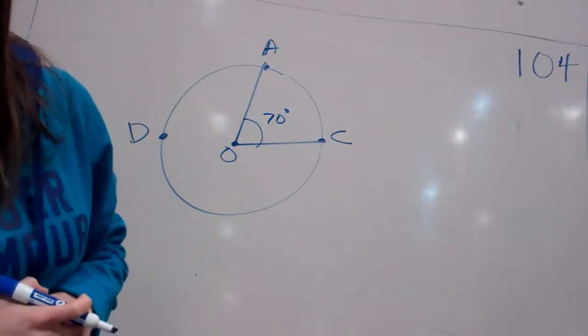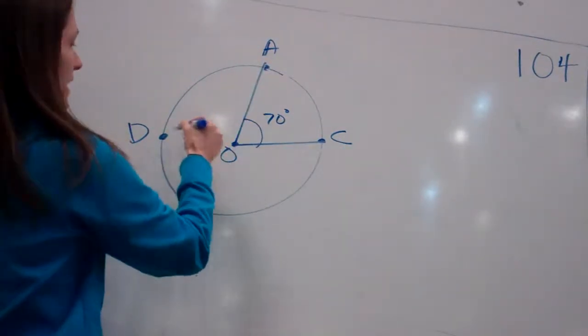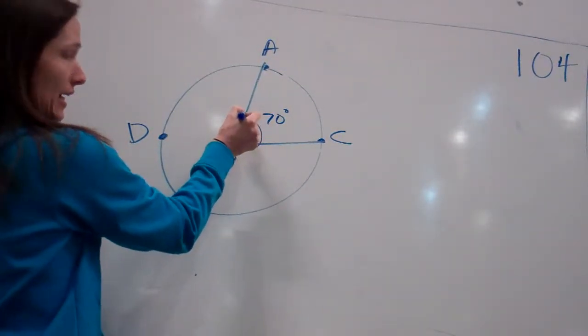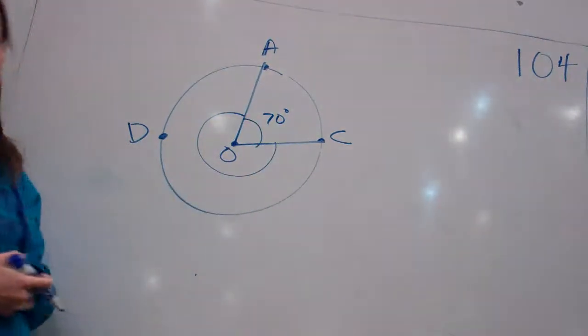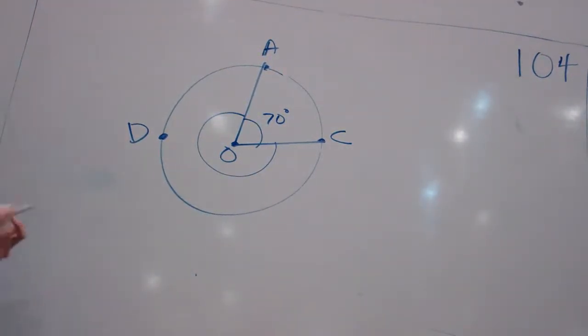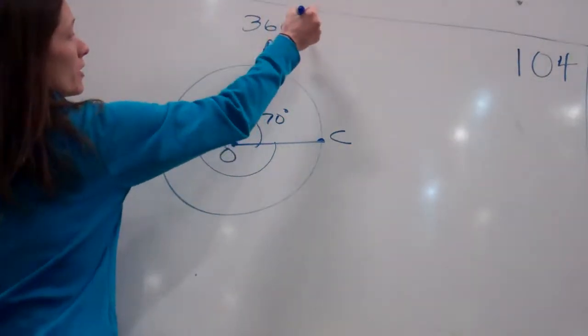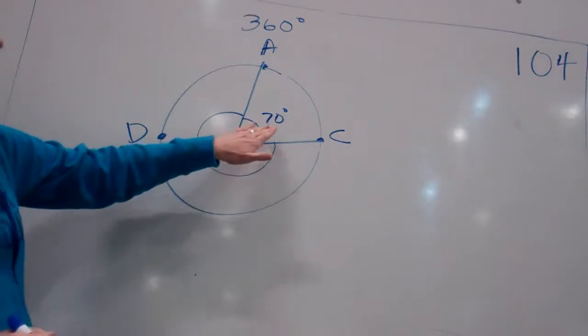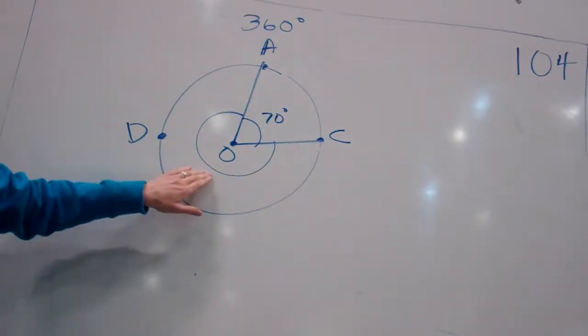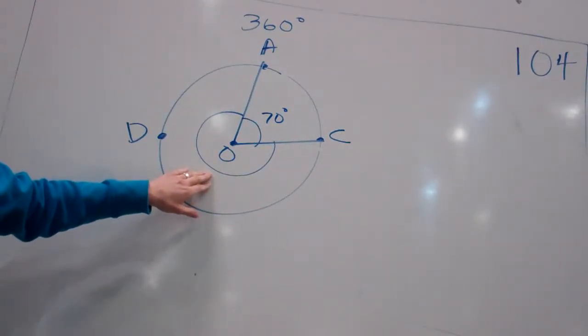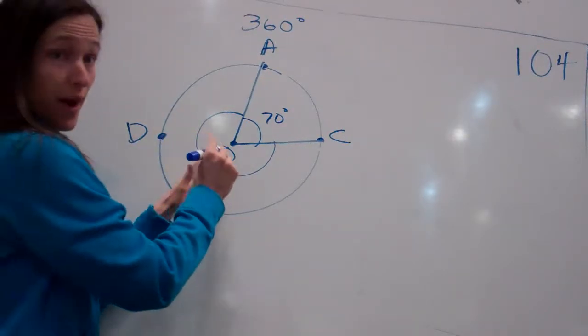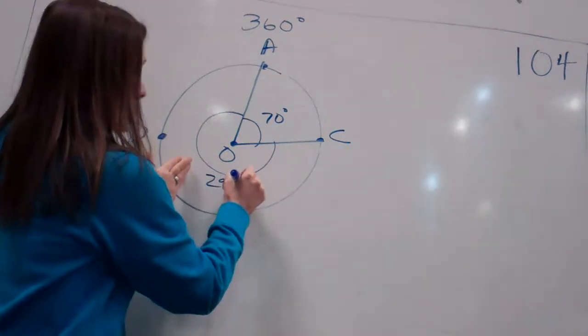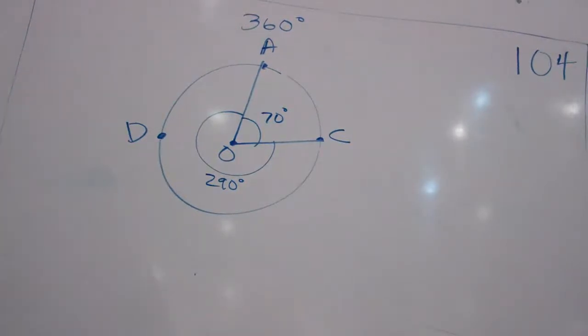Then they ask what is the measure of ADC. Well, we know a whole circle to be 360, right? So if this is 70 degrees, what is this part? 290 degrees. So everybody got that?